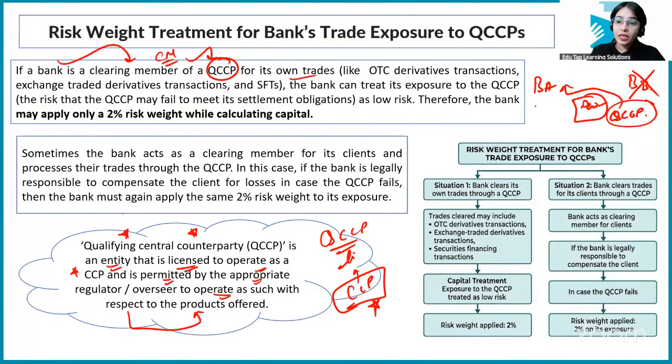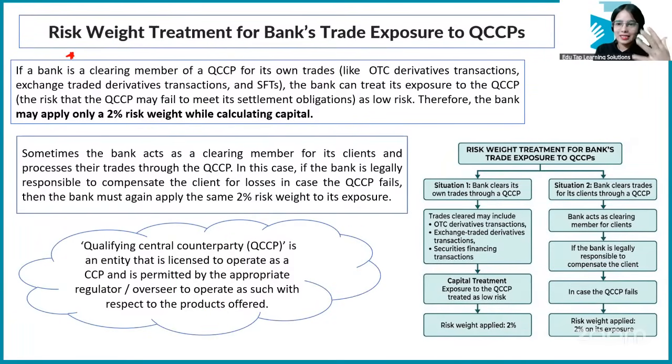Okay. But what if the qualifying central counterparty also defaults? In this case, the clearing member has to take the responsibility, right? Bank A is the clearing member. So it is said that if the bank is a clearing member, which is also doing the trade in the derivative, then it has to maintain capital at a 2% risk weight.